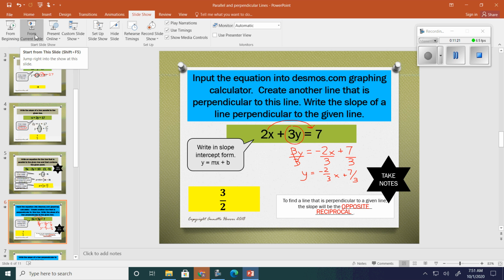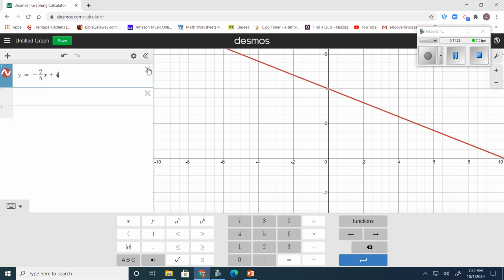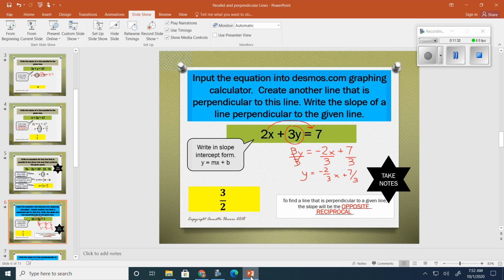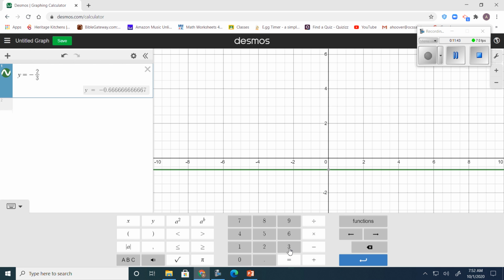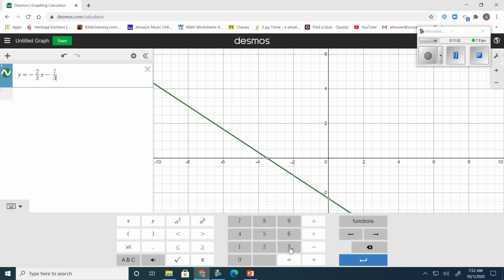So let's pull up Desmos here, if I can get it back up. Okay, I'm going to erase these. I'm going to start a new one: negative 2/3 x plus 7/3. So we're going to type in y equals negative 2/3 x minus 7/3.